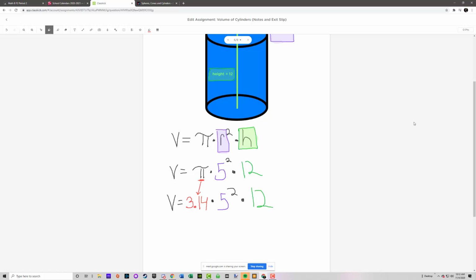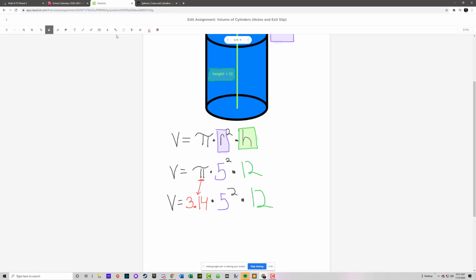And so, you might be wondering, is it always 3.14? And the answer is yes. When we deal with pi, we will always plug in 3.14. That does not change from one problem to the next.